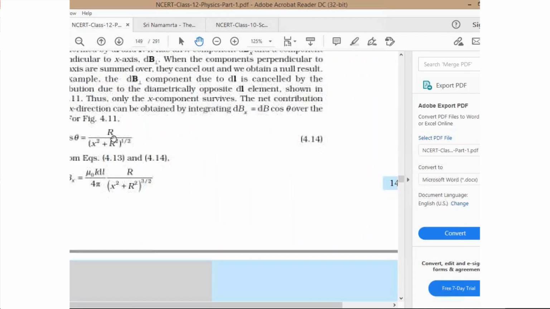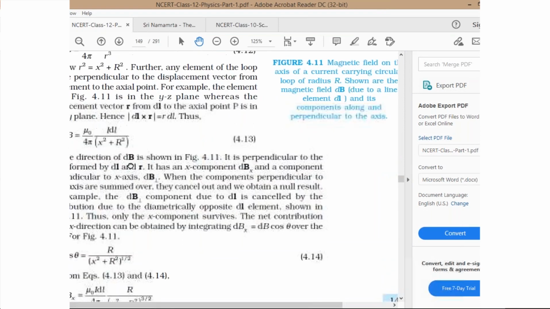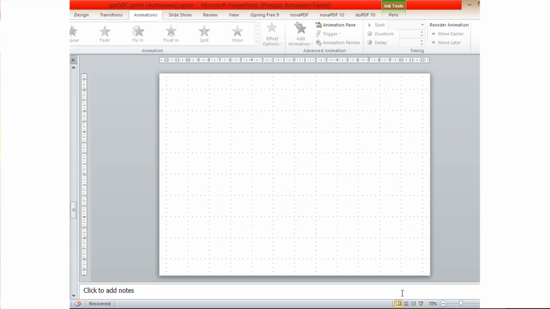So I can write, the total magnetic field, I just go to the presentation itself. The effective magnetic field for this particular element will be along the x direction.